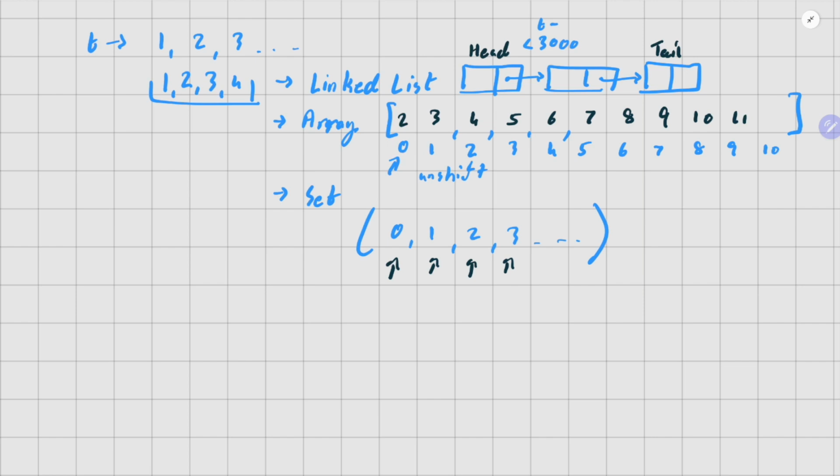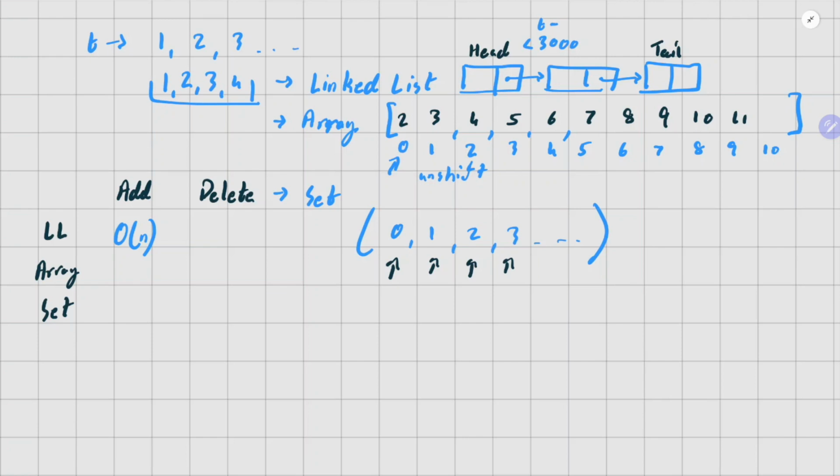just to reiterate, with a linked list, array, and set, we have the add operation and the delete operation, right? The add operation on a linked list could potentially be an O of n if we don't maintain our tail.